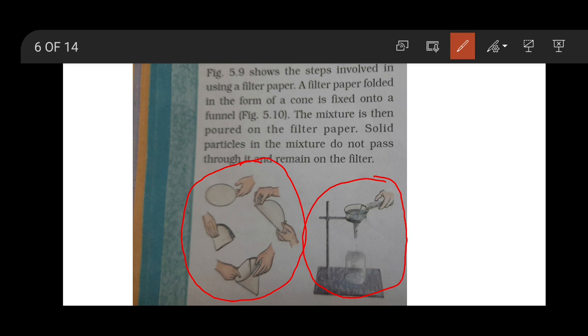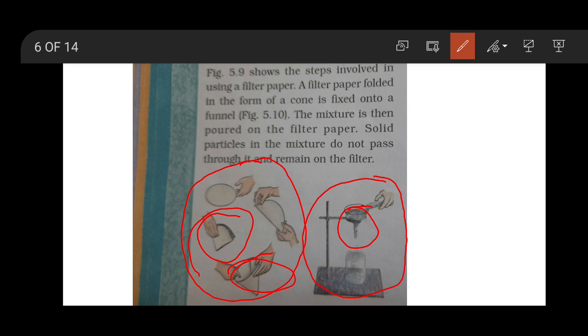First there is a paper with a circle shape. It must be folded in half. Then that half-folded paper is folded in half again. Then you should make it into a cone. Then it will make a filter paper. You should pour muddy or sandy water in it.